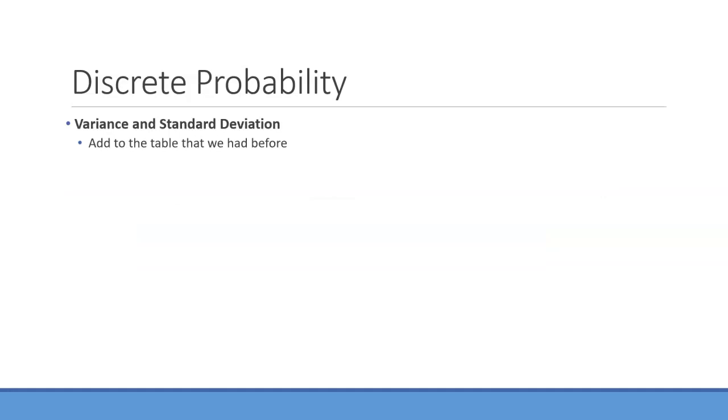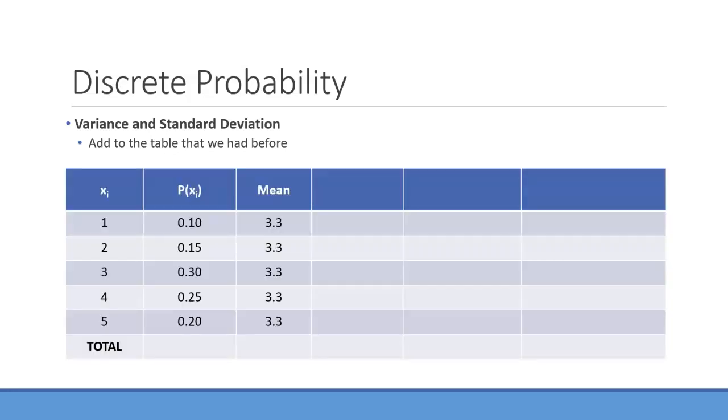Now, for variance and standard deviation, we're going to have to add to that table that we just worked through. So we have our X values, we have our probability of each X value, and then we have the mean that we just found. We're going to have to go through a few more steps here to find our variance.